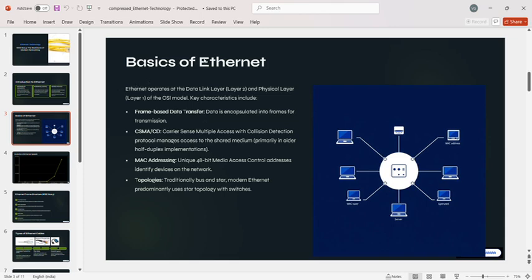In Ethernet, data is transmitted through the cables in the form of frames. In frame-based data transfer, if we give big data, the data is broken down into small frames. The frames are given the MAC address, and using the MAC address, it identifies the destination device to send the data.